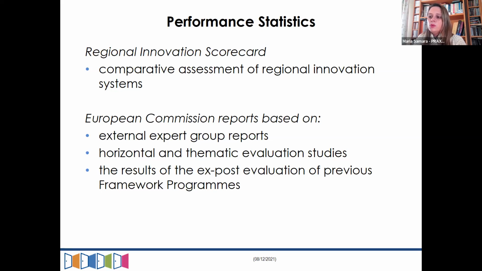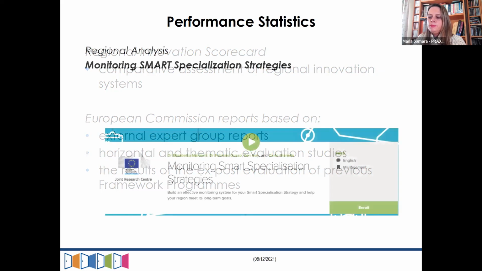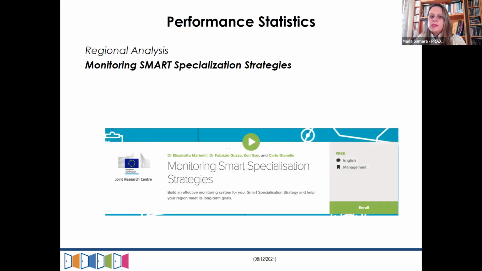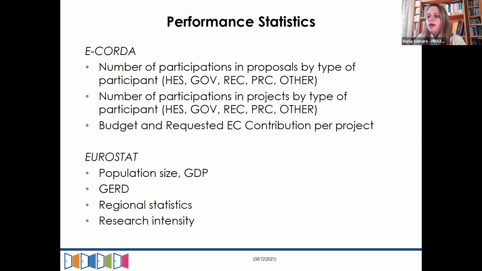In parallel, it's good to consult documents and reports from the European Commission based on consultation with external expert groups, or evaluation studies, or results of evaluation of previous framework programs. This is also another useful report, Smart Specialization Strategy, to be used for the regional analysis.